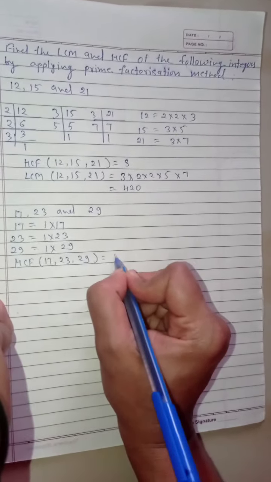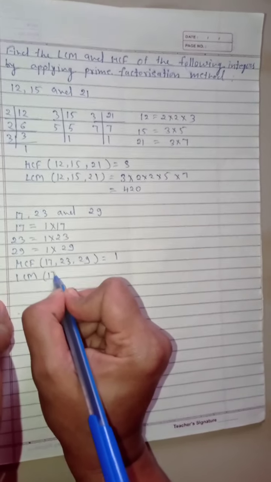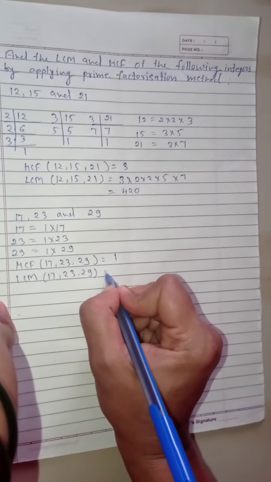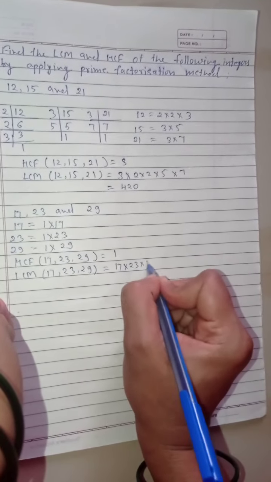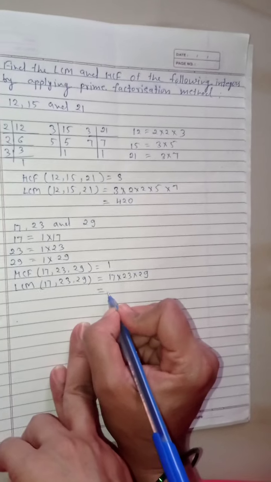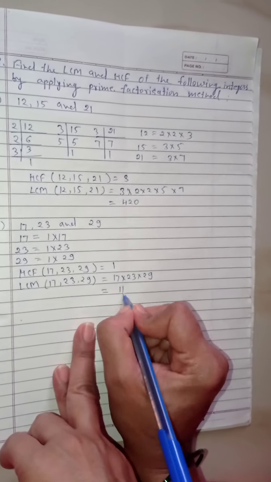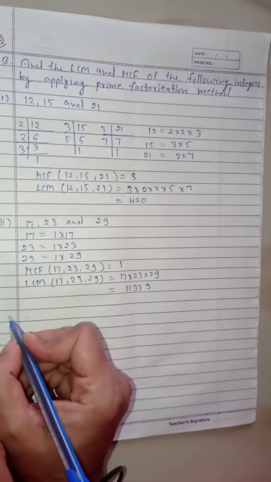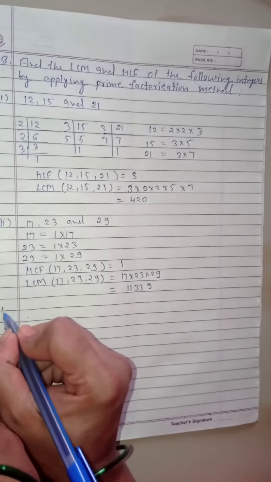Therefore HCF is 1. And LCM of 17, 23 and 29 equals 17 into 23 into 29, which equals 11339.